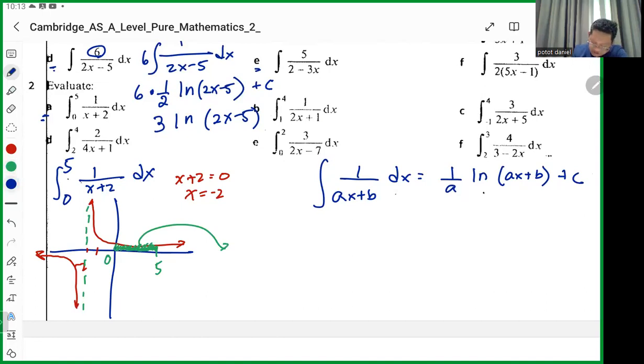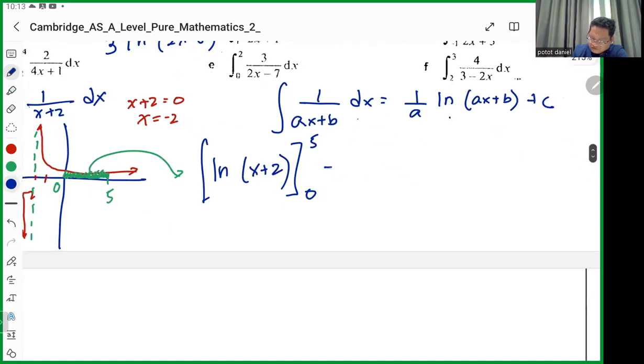The integral of 1 over x plus 2 is ln of x plus 2, from 0 to 5. Plug in the 5 first, so that's ln 7 minus ln 2. That's already the final answer.